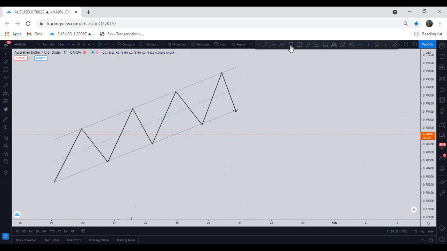So we knew that once we have a series of swing high, swing low, swing high, right, like that, on the third swing low, that is where we enter price.